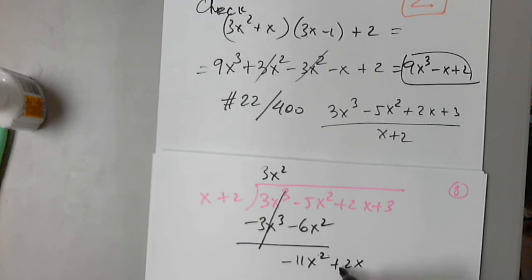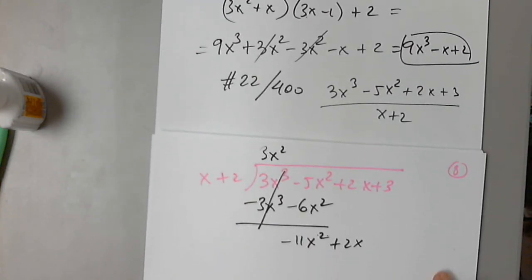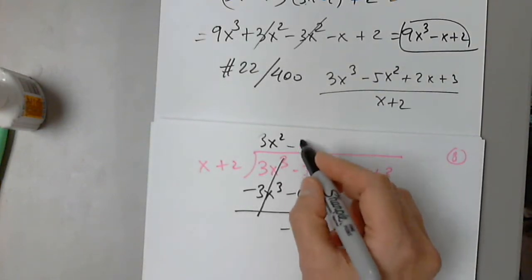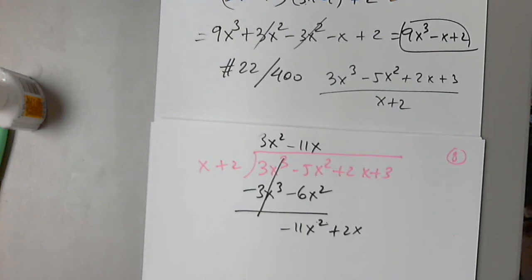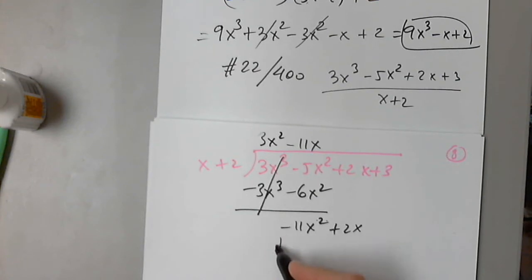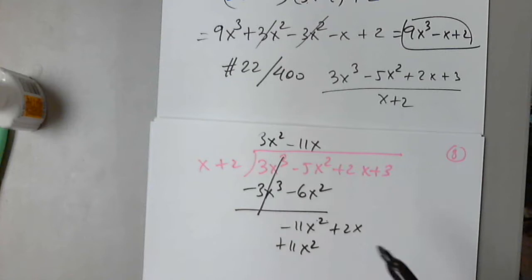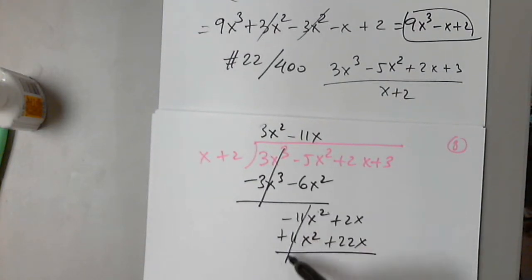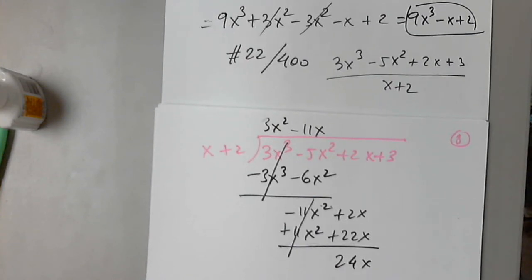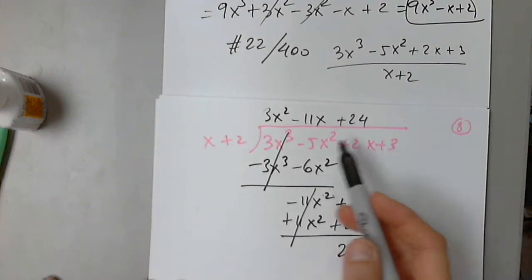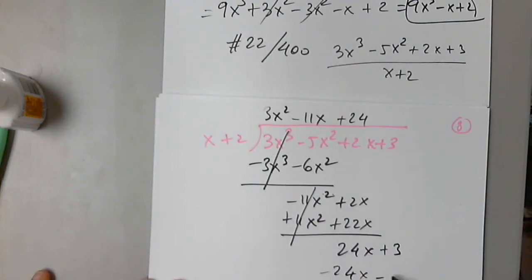Bring down the next in line. x times what is negative 11x? Negative 11x. Negative 11x times x is negative 11x squared, so plus 11x squared. And this is negative 22x, plus 22x. And then 24x, and then plus 24. And I bring down the next in line. So negative 24x and negative 48.